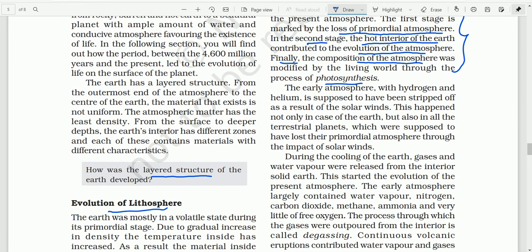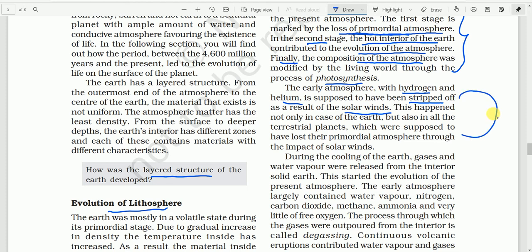So in the first stage, the loss of the primordial atmosphere, the early atmosphere, as we have learned earlier, was mainly composed of hydrogen and helium. It is supposed to have been stripped off, wiped off as a result of solar winds. The solar wind is electromagnetic waves radiated by the sun.